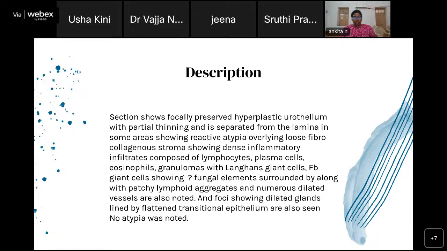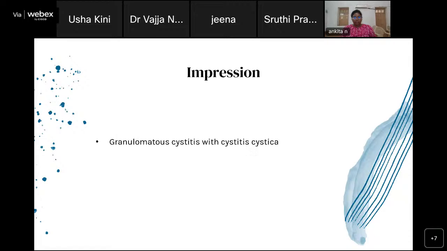Numerous dilated vessels were also noted, and a focus showing dilated glands lined by flattened transitional epithelium, and no atypia was noted.